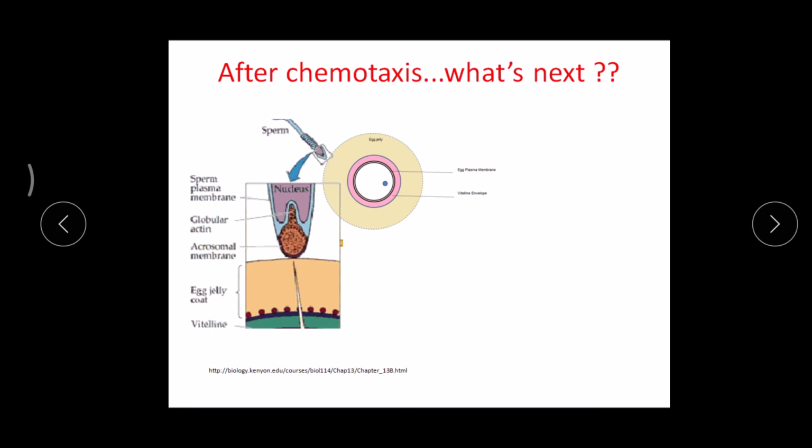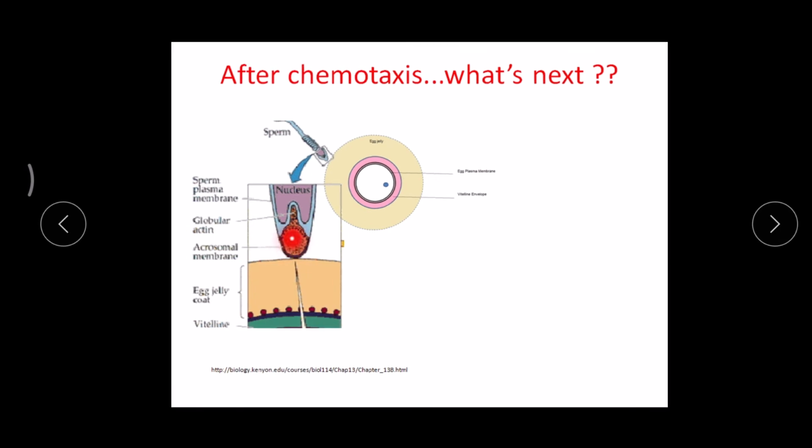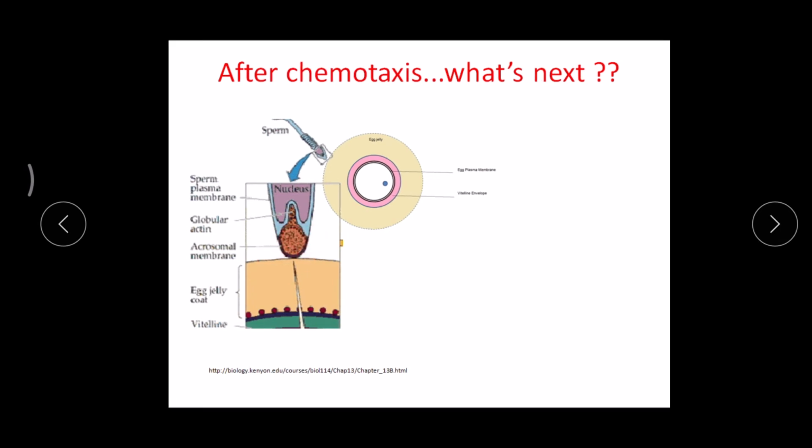Now, where the bindins are located: we can see this is egg jelly, this is sperm head. In the sperm head, this one is the acrosome, this one is the nucleus. So in the bottom of this acrosome here, the bindin proteins are located, and the receptors for this bindin are located on this vitelline membrane here.